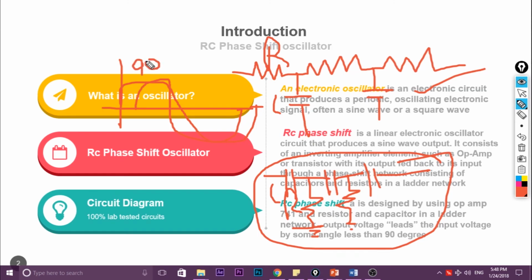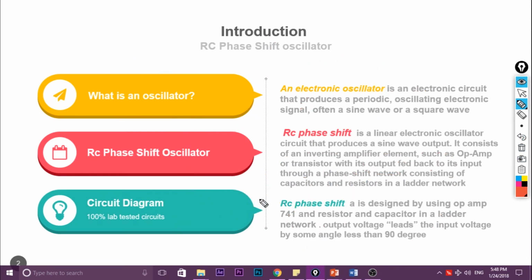If this is current and this is voltage, the output voltage leads the input voltage by an angle less than 90 degrees, which means it should be less than 90 degrees. What is the output voltage we are getting? This output voltage always leads the input voltage.